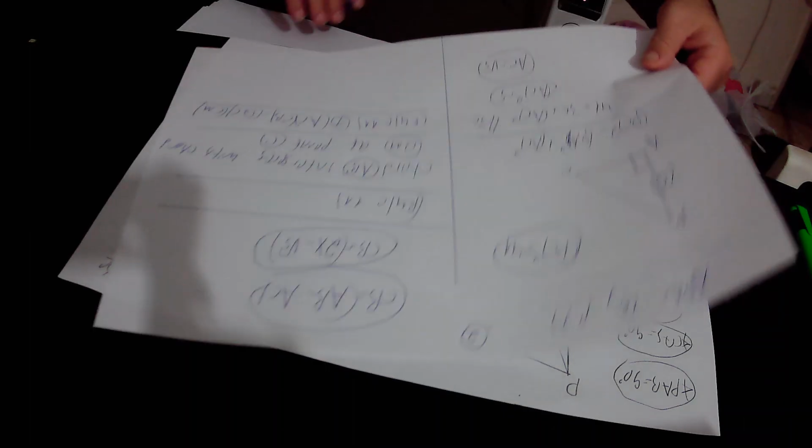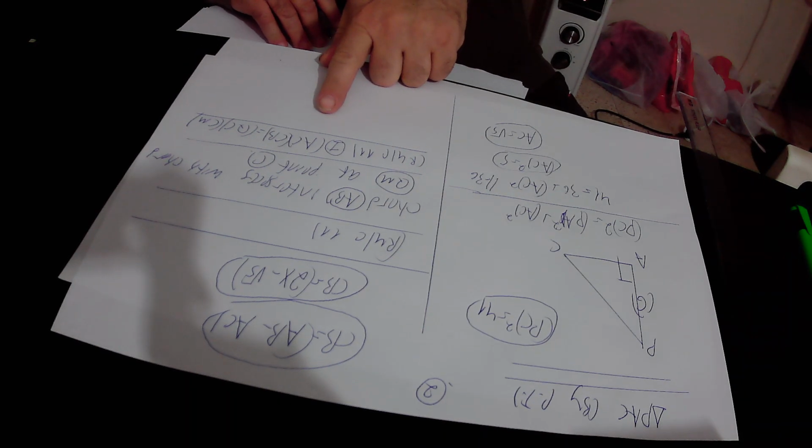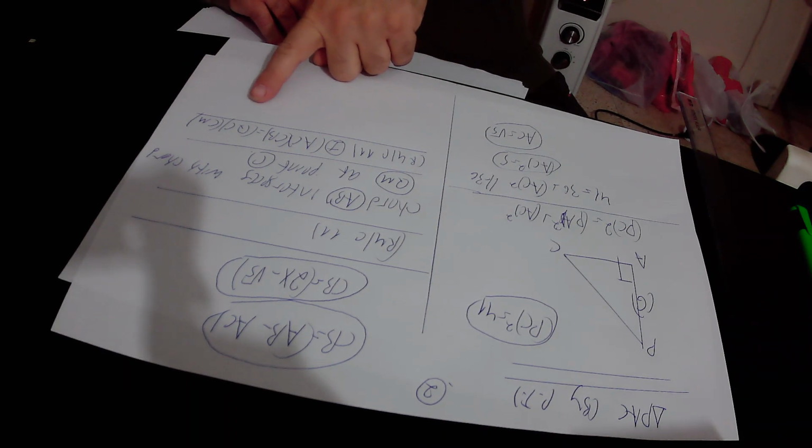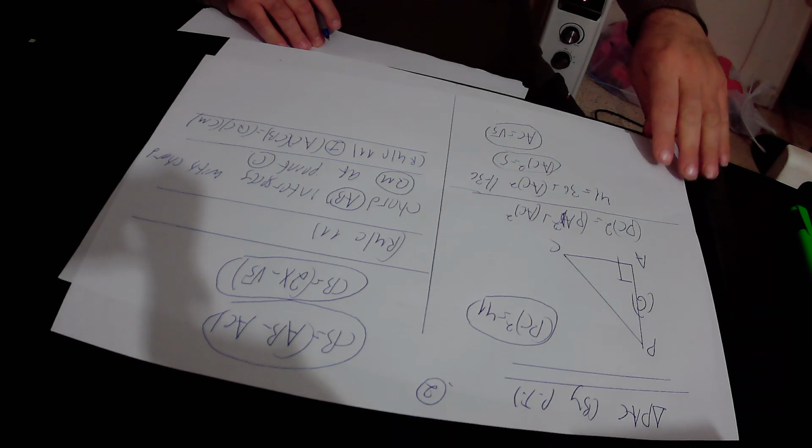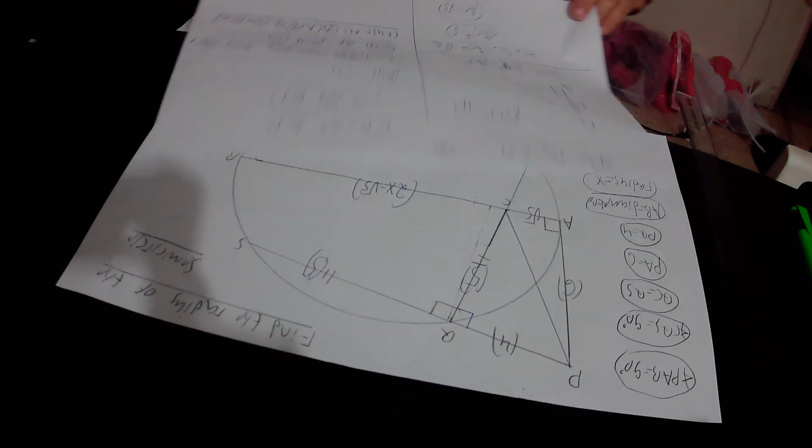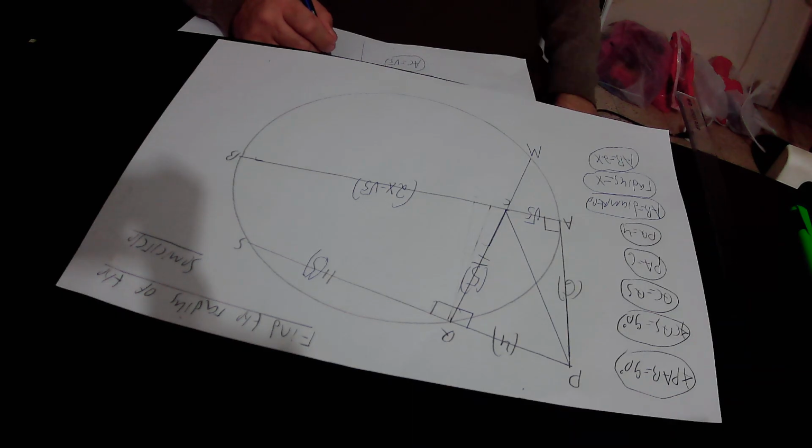Again, according to rule number 11, AC times CB equals QC times CM. This will be equation number 1.